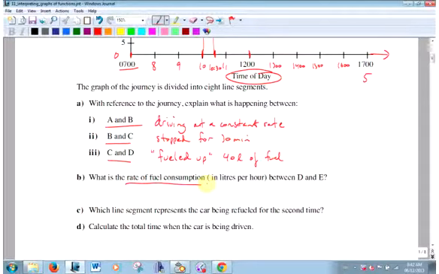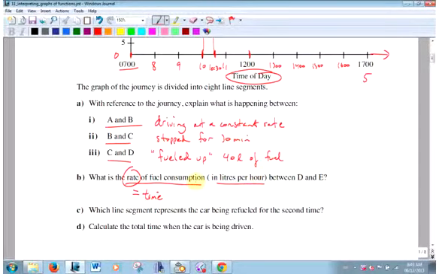Okay, this one's a little trickier. Rate. Anytime you have a rate, it has to do with time, right? How fast something happens. Rate has always got to do with time. What is the rate here? Not the rate of speed in kilometers an hour.